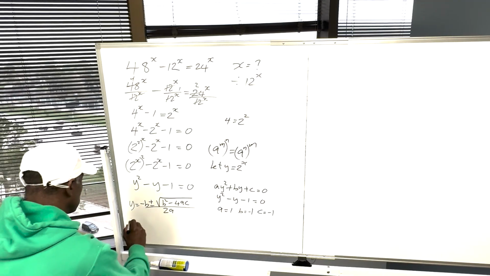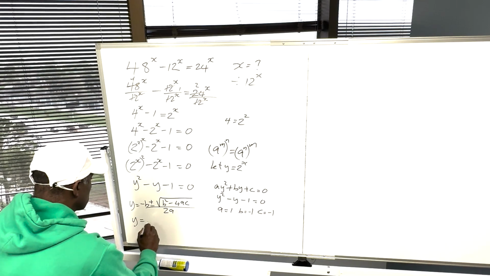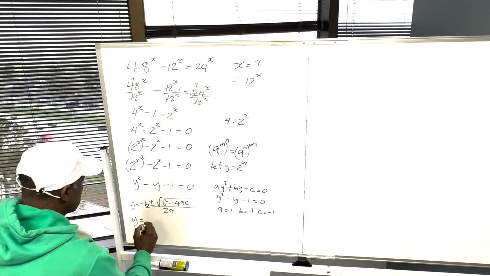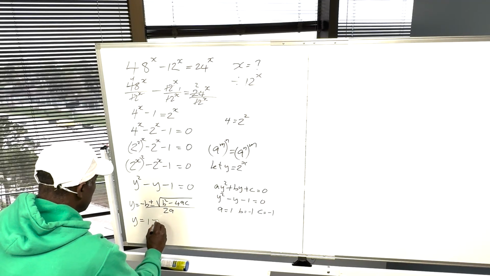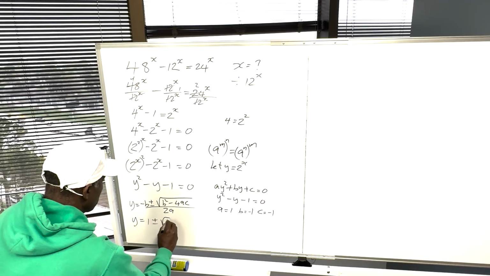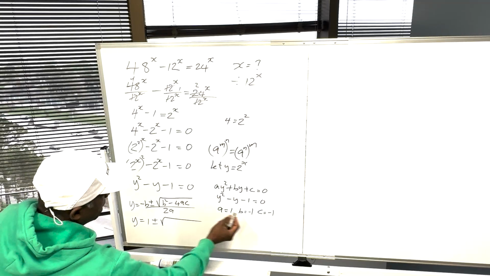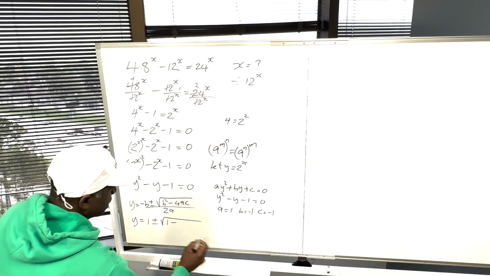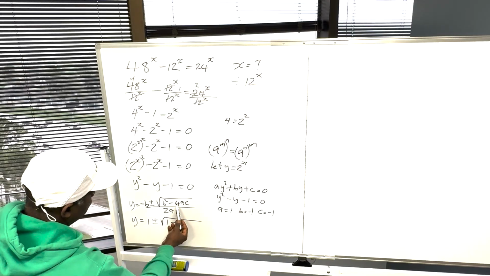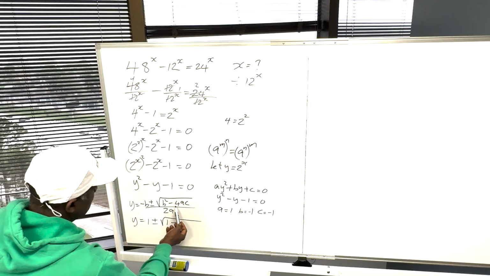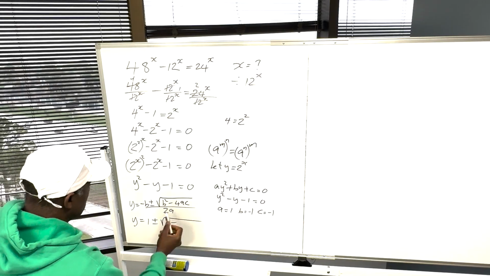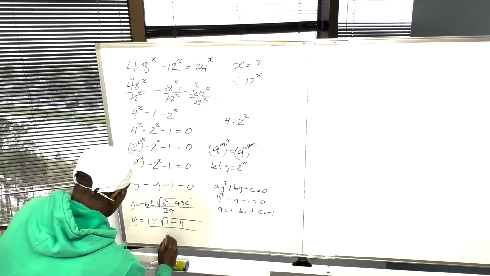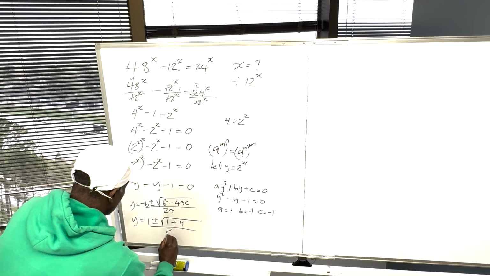And what we have is y is equal to, b is minus 1, so that is 1 plus or minus the square root of b, minus 1 squared, is 1 minus, and we have 4ac, c is minus 1, 4 times that is minus 4, so that's plus 4, all over 2.